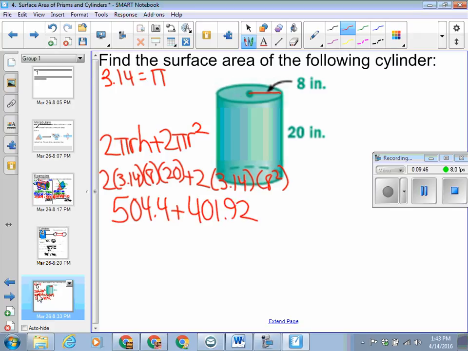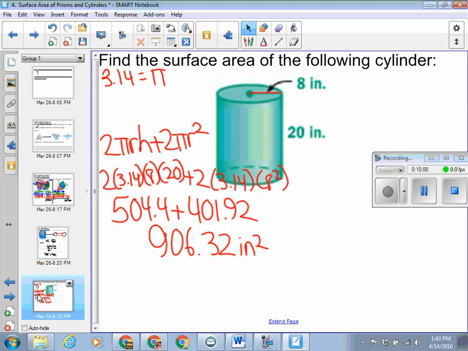We add those two parts together for a grand surface area of 906.32. So we spent a lot of time there trying to build the formula up, but once you have the formula, you're just plugging and chugging away. This concludes your lesson over surface area of prisms and cylinders.